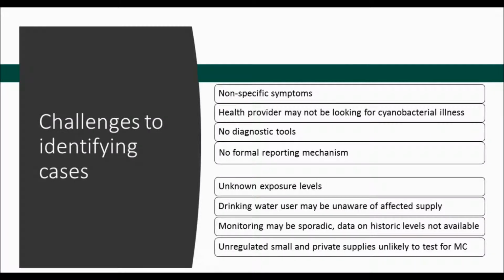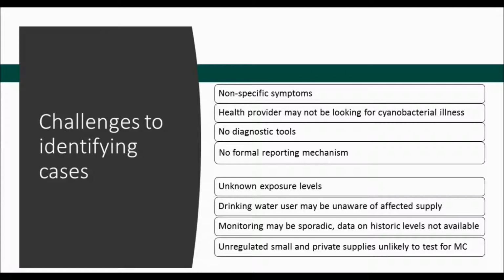One of the issues related to why we don't have enough data is the challenge of identifying cases. Many of the symptoms of acute exposure are going to be quite generic. They could be confused with other types of enteric viruses or enteric bacteria, so gastrointestinal illnesses.